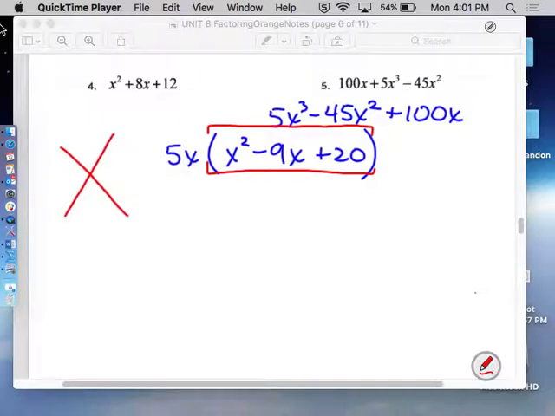So I can see that A is 1, B is negative 9, and C is positive 20. So the product of A and C is positive 20, and B is negative 9. So I'm looking for factors of 20 that sum to negative 9. So that's going to lead me to negative 5 and negative 4. Their product is positive 20, and their sum is negative 9.